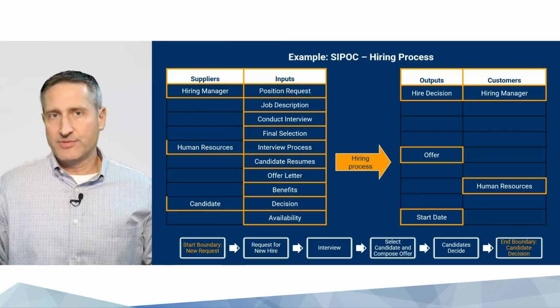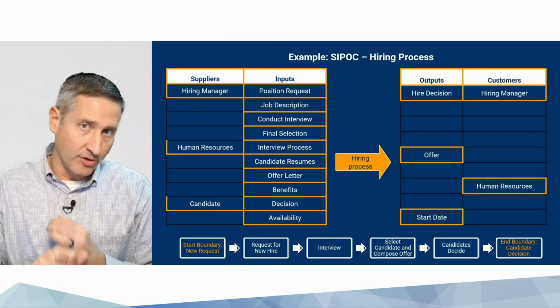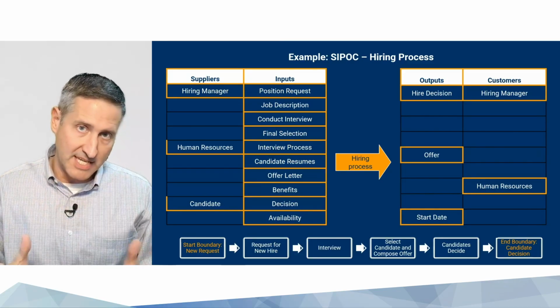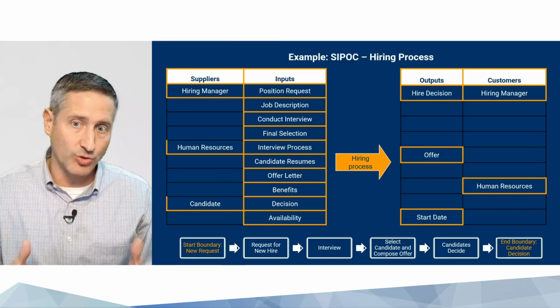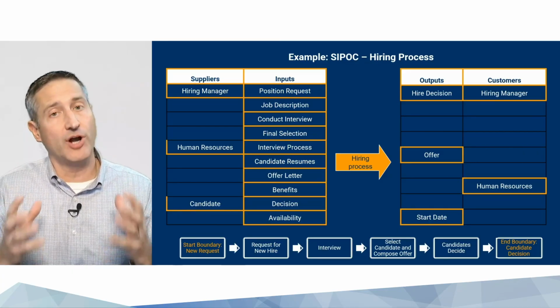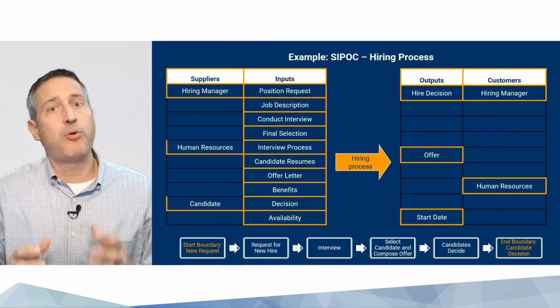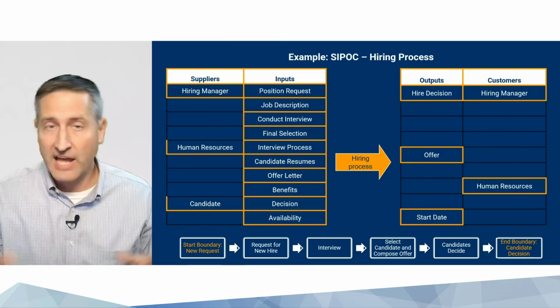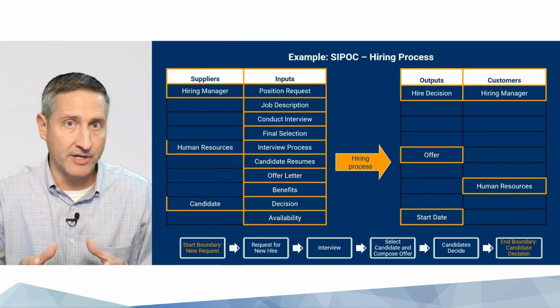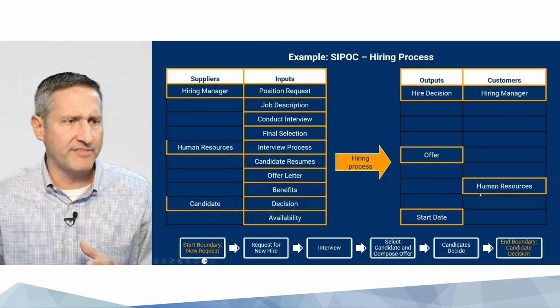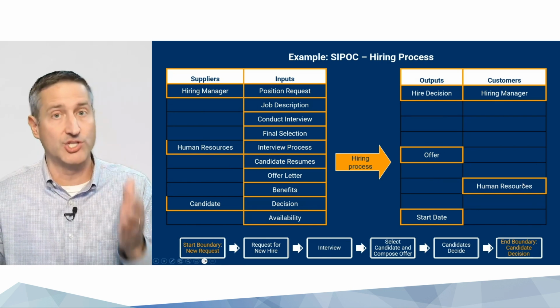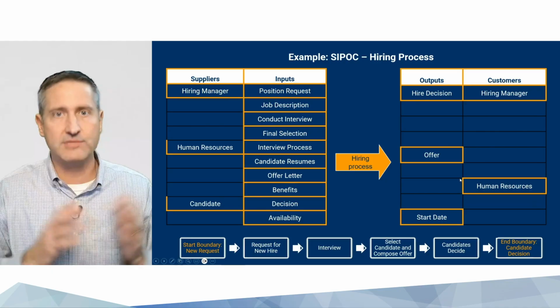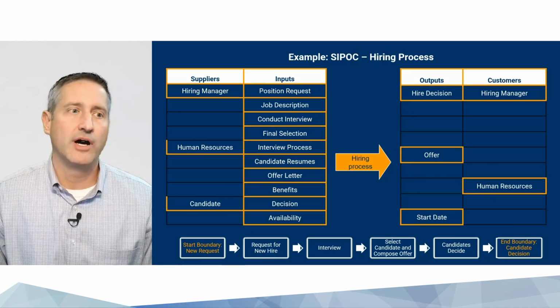A few reasons. Like I said already, it's useful because I'm getting the team aligned around what process we're looking at, so that we all have a similar understanding. But more important, we're going to start to see if we're missing anyone from the team. Because I pulled a cross section of folks together, and if I forgot to bring in human resources, that's going to jump out at us. And we're going to go, hey, let's make sure we bring in human resources.